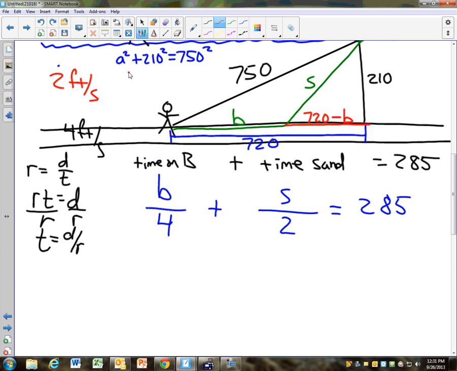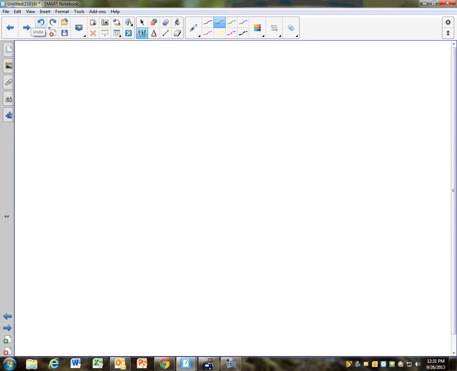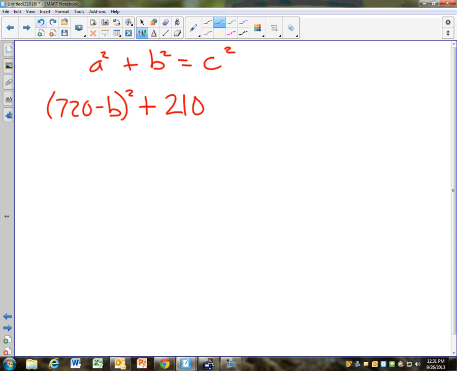A squared plus b squared is c squared. A, we said, is 720 minus b. B squared is 210 squared. And what variable was in the place of c? S.